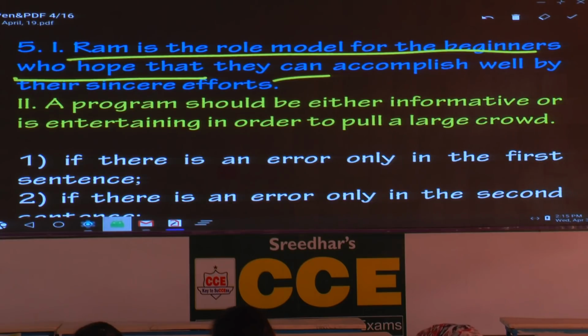So that means you have an error or you don't have an error. Here definitely you cannot use the adjective. Sometimes they give it this way: they can accomplish good. Is it right or wrong? Accomplish how? You cannot use an adjective. You have to use an adverb.